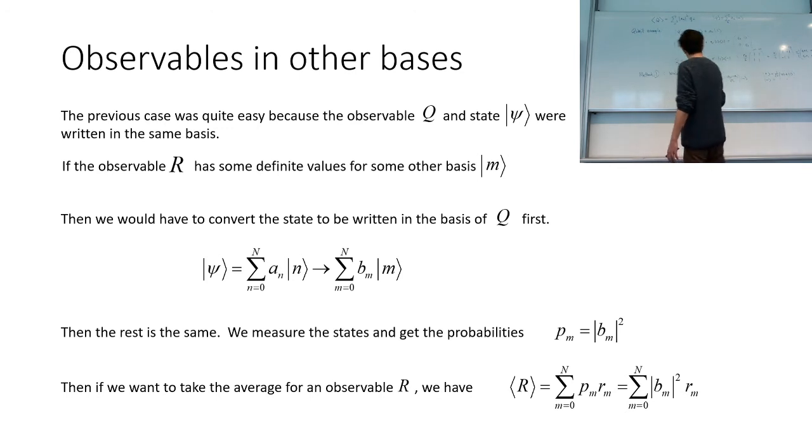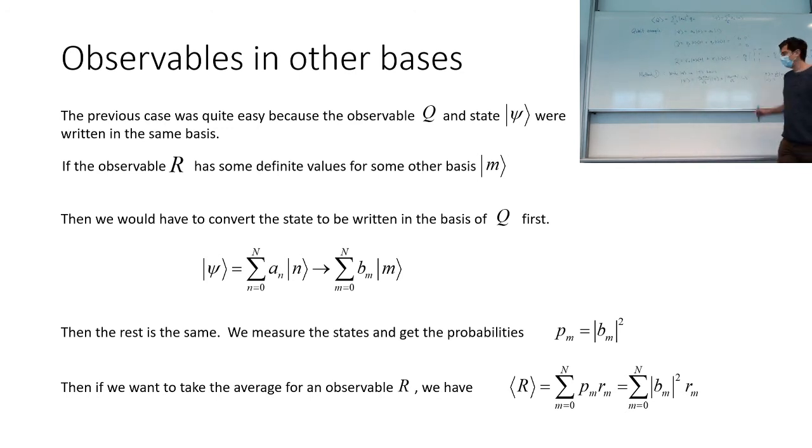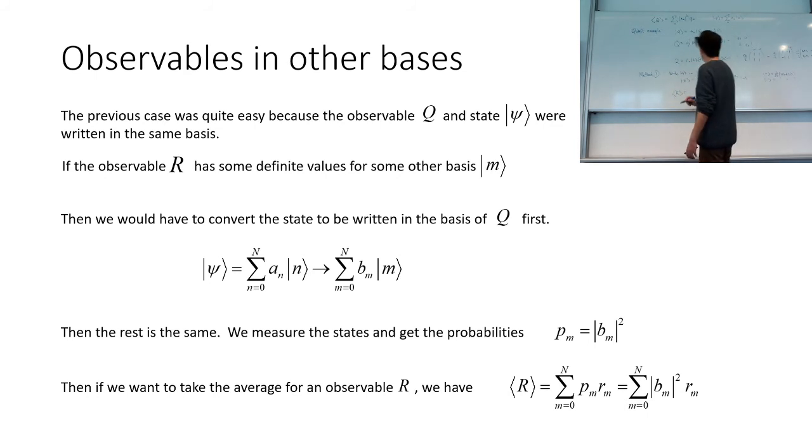Okay, then now we can simply read off from here that the average value of R has to be, so if we measure plus, the probability of that is A0 plus A1 squared. That's the probability of plus, right?